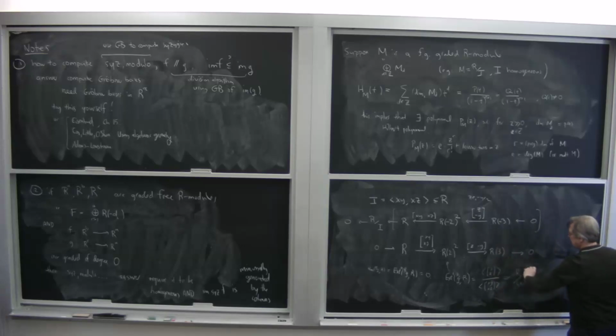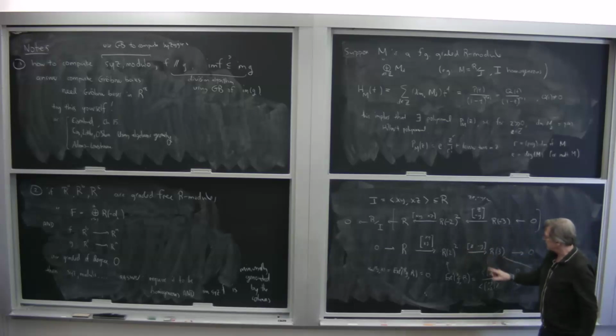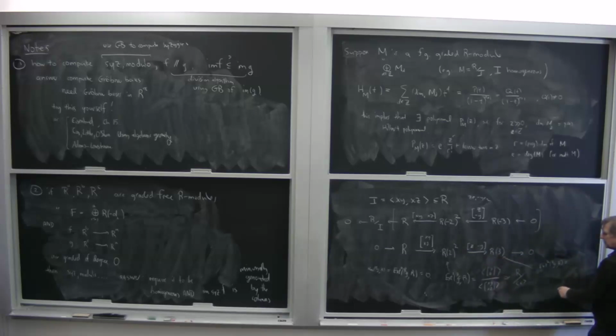What's X2? X2 is computed here, right? So what's X2 of R mod I into R? This one's actually interesting. The very last one is always interesting because at the very end, everything goes to 0, and it's just mod this. So this is really going to be, I haven't figured out a degree here.